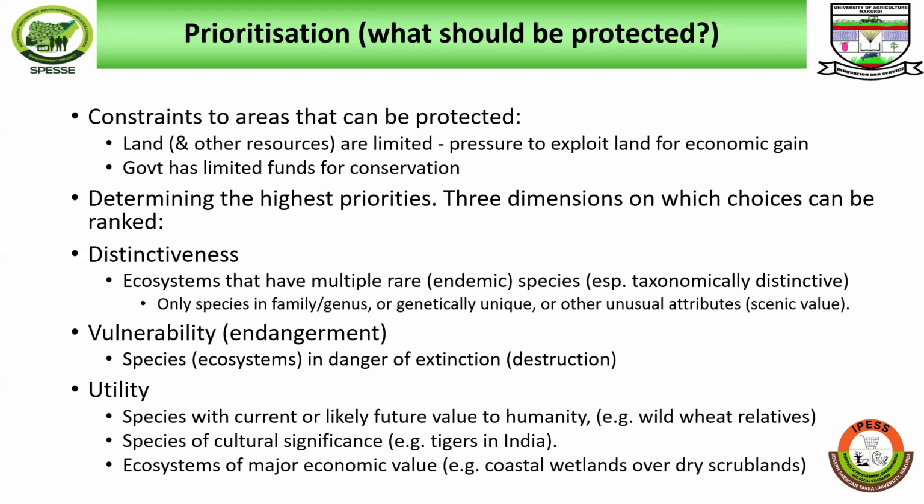Some of the constraints to areas that can be protected: land and other resources are limited. So there's a lot of pressure to exploit land for economic gain. And then, of course, it might not be a priority for governments to set aside that large amount of money for conservation, which is quite a challenge that we in Africa have.